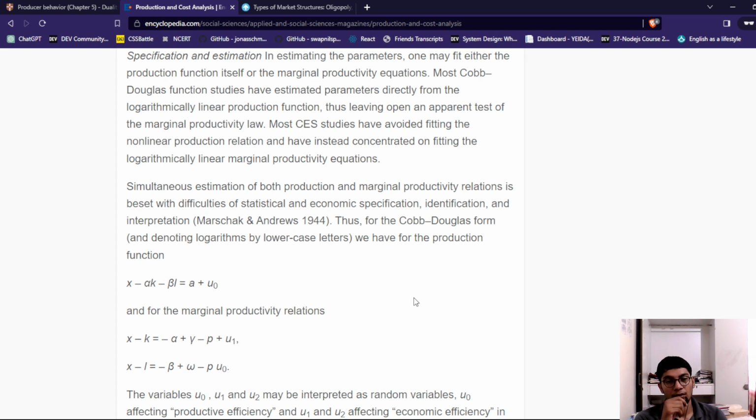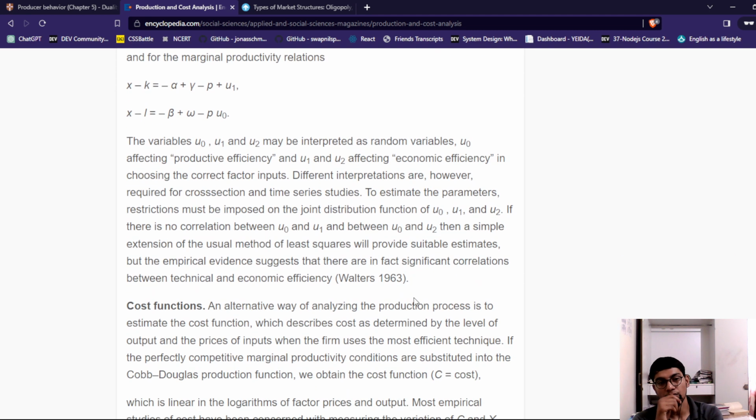For the Cobb-Douglas form, denoting logarithms by lower case, we have the production function and the marginal productivity relation. The error term may be interpreted as a random variable affecting productive or economic efficiency. Different interpretations, however, require the cross section.